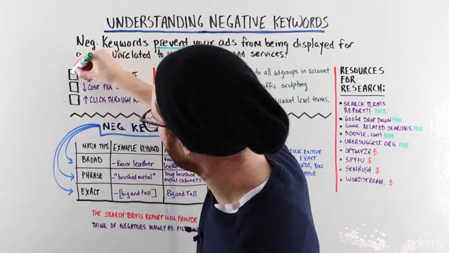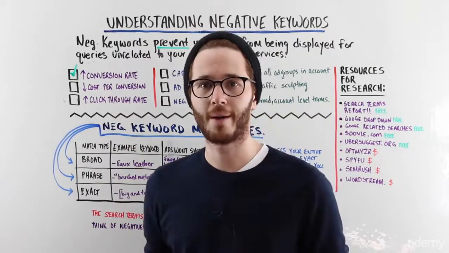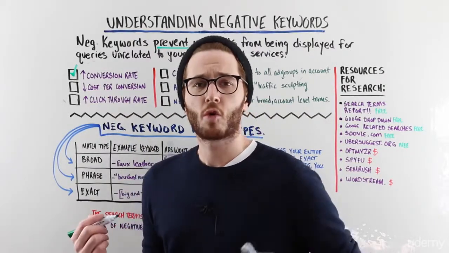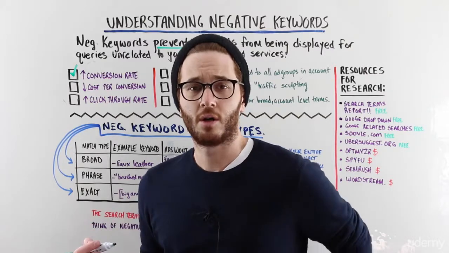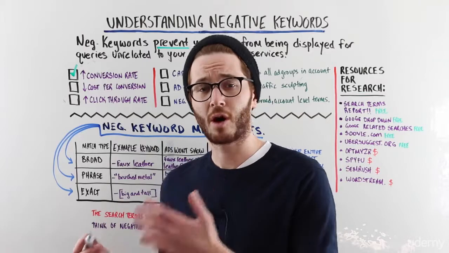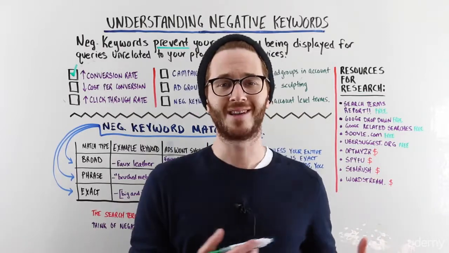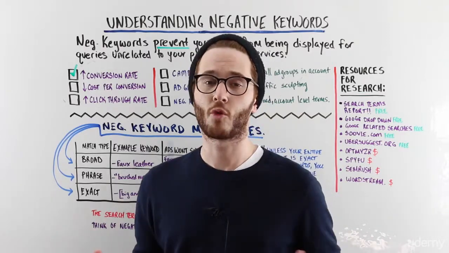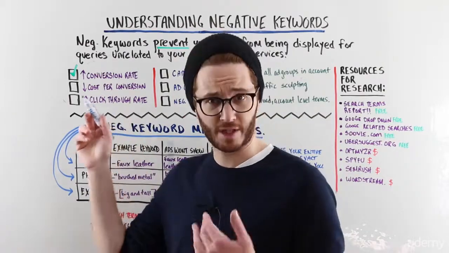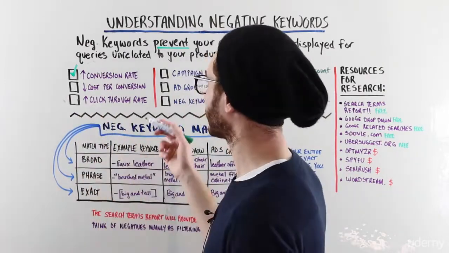You're going to see an increase in conversion rate the more you use negative keywords. Negative keywords make sure that your ads are being triggered from search queries that are very related to the products and services you offer, and you're not going to get clicks for keywords that are bad for your business. As a result, you're going to see your conversion rates go up.